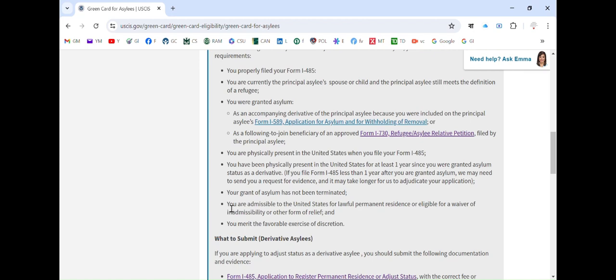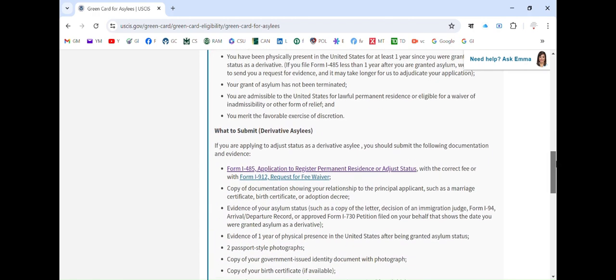And you are admissible to the United States for lawful permanent residence, or eligible for a waiver of inadmissibility or other form of relief. I discussed the admissibility factor, so you can go back and check if you do not understand now. You merit the favorable exercise of discretion. So these are the concepts.